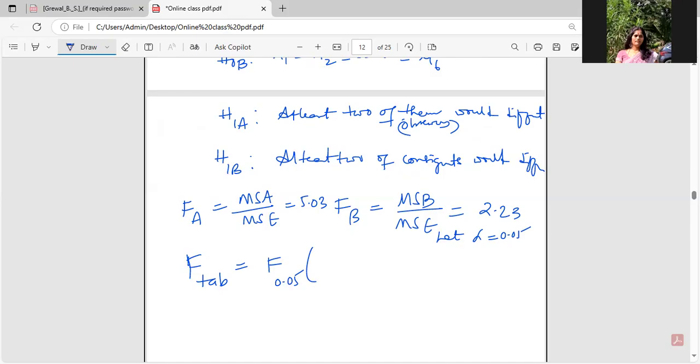So, what are the degrees of freedom that I'm considering? I have chosen A to be the observers and B to be the consignments.